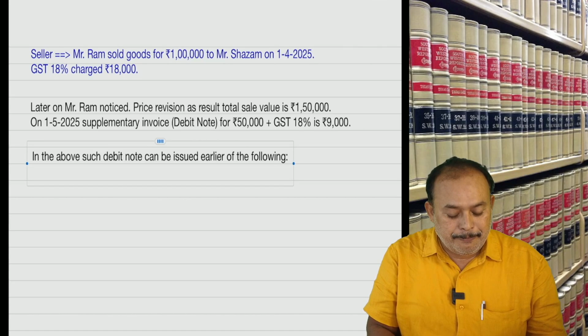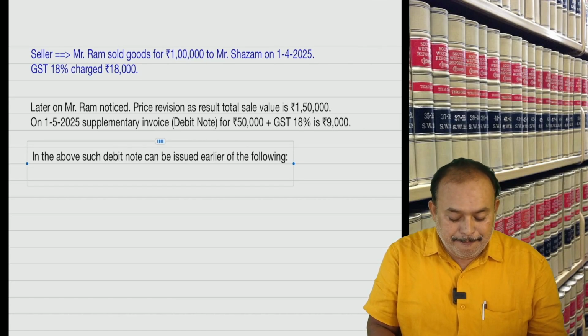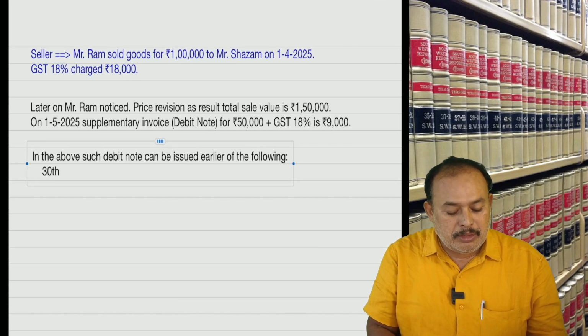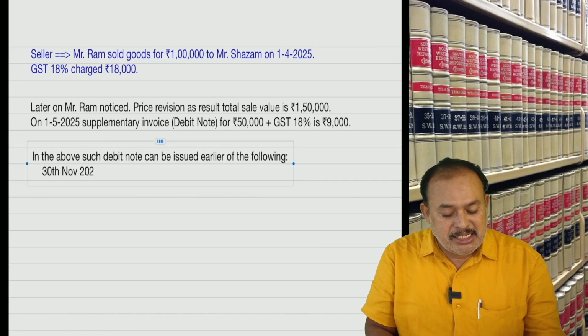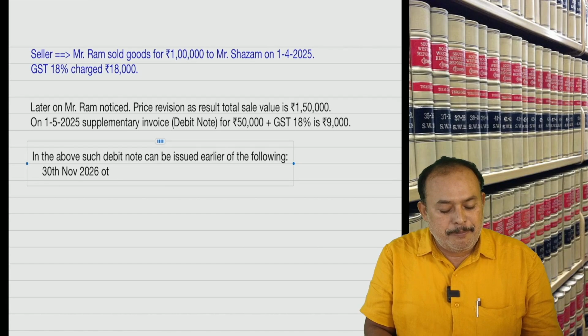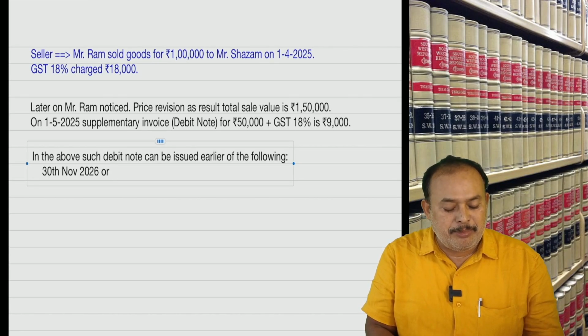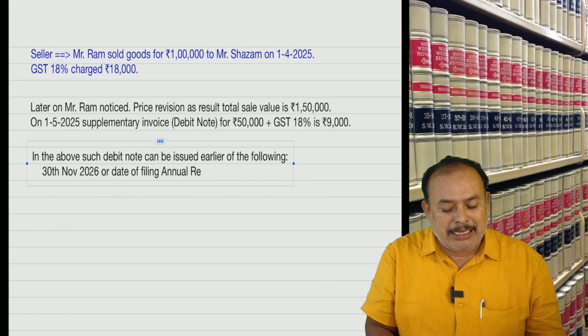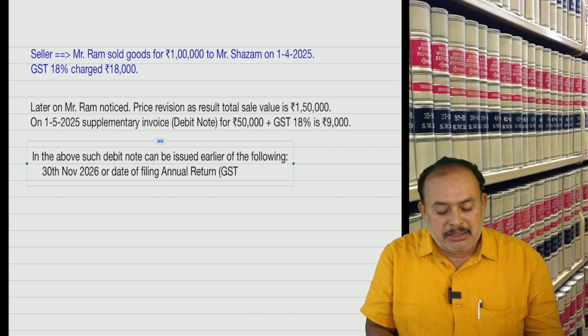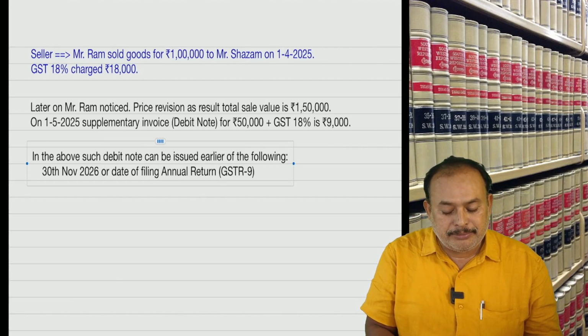What are they? 30th November, now which year? 2026, or the date of filing the annual return, which is nothing but GSTR 9.